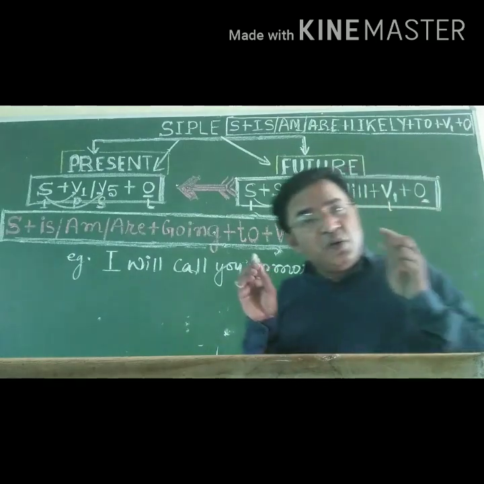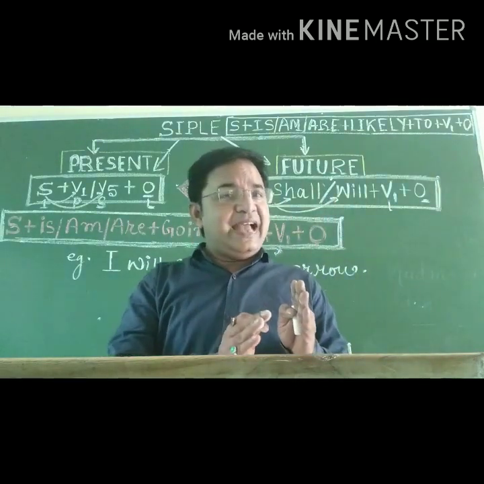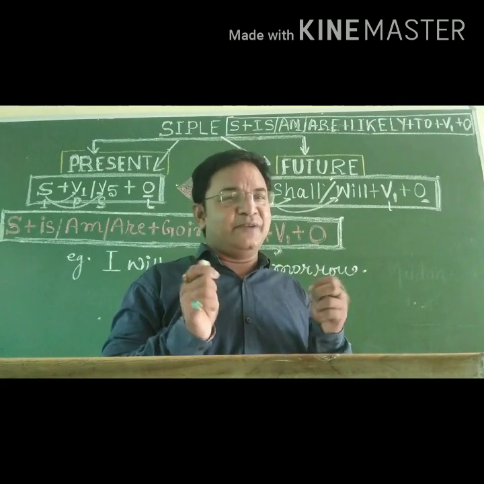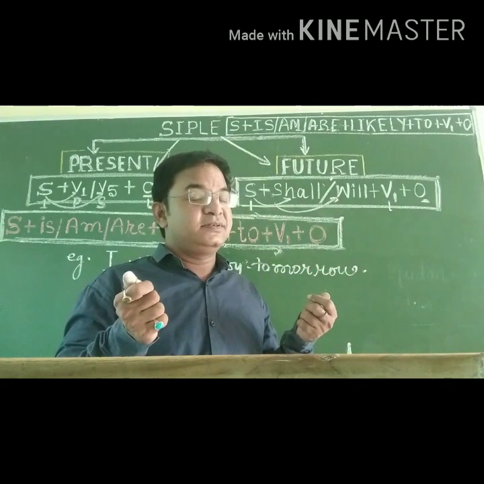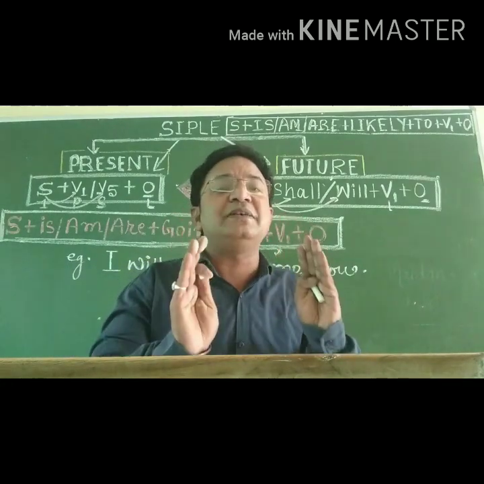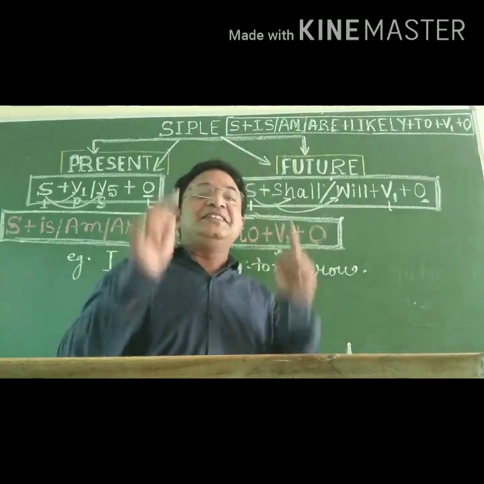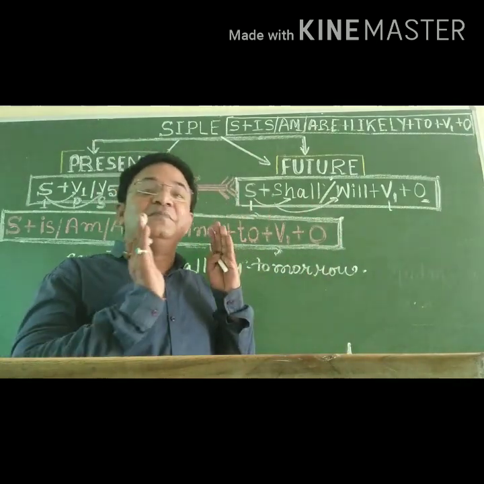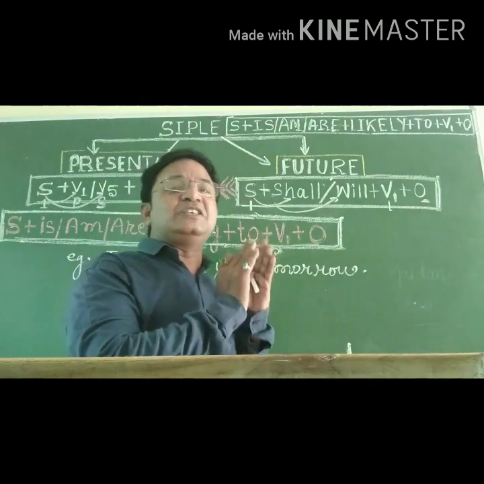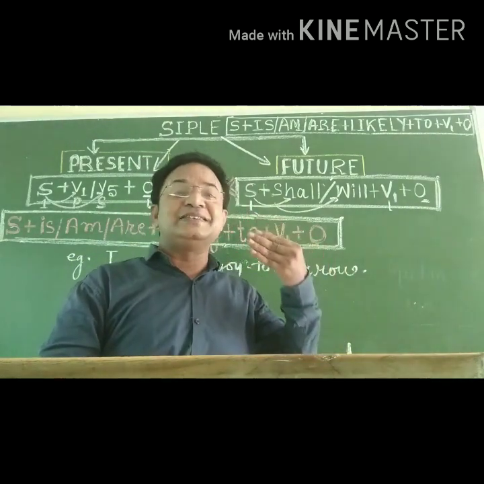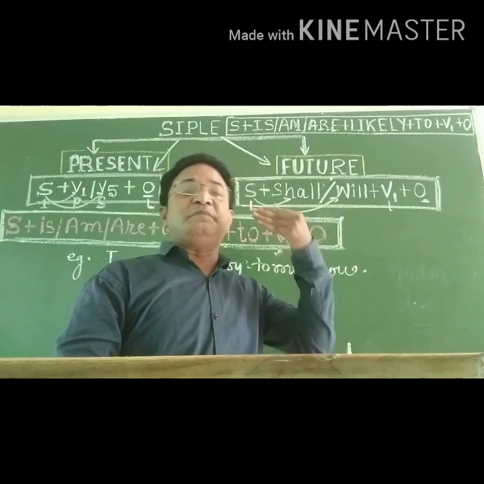We know very clearly that in future nothing is certain. It may happen that I forget tomorrow. So if I want to promise someone that it is certain that I will call tomorrow, then the most frequently used way of stating this statement is in simple present tense.